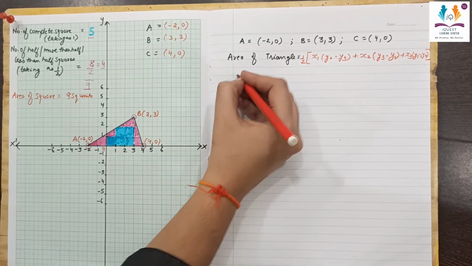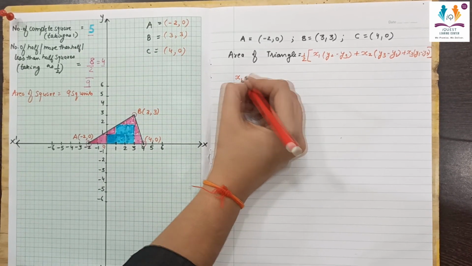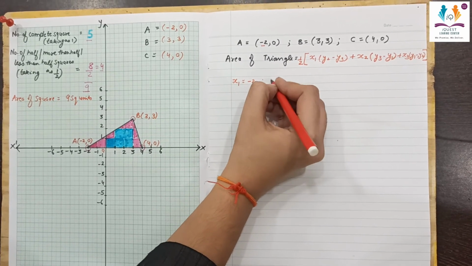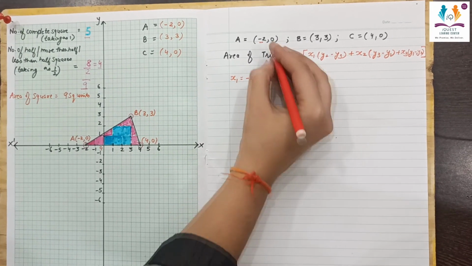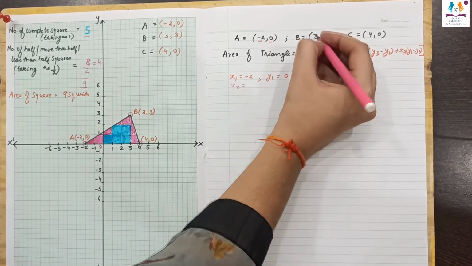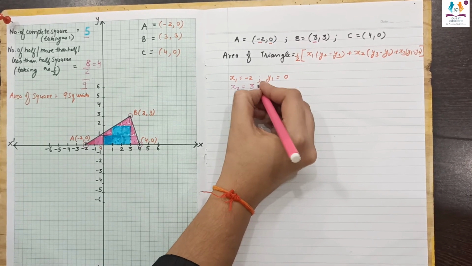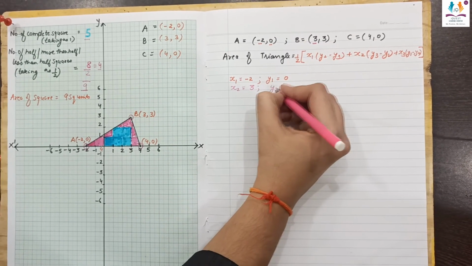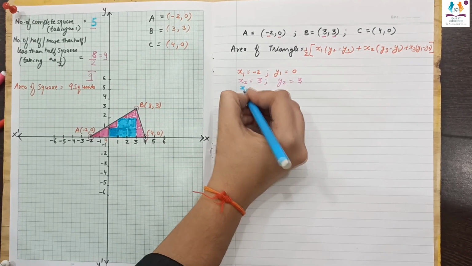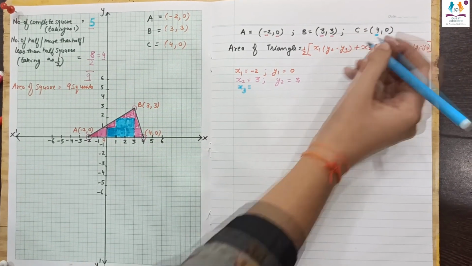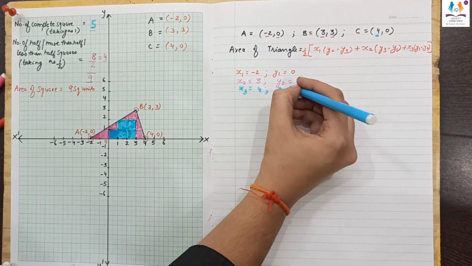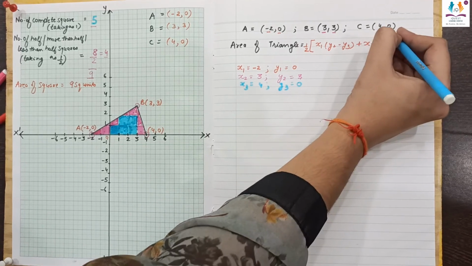So now x1 is equal to -2, y1 is equal to 0, x2 is equal to 3, y2 is equal to 3, x3 is equal to 4 and y3 is equal to 0.